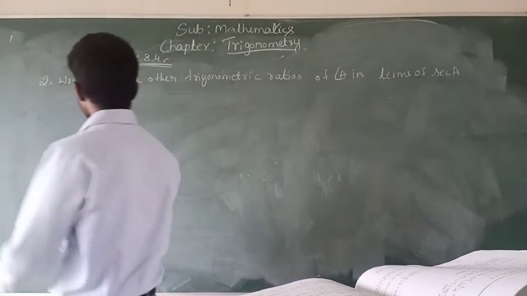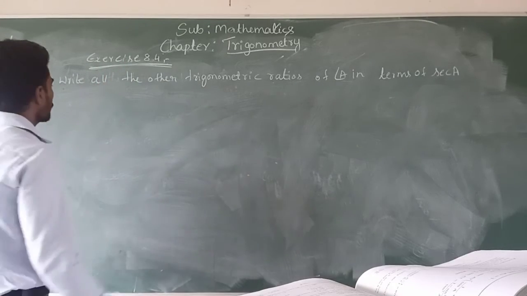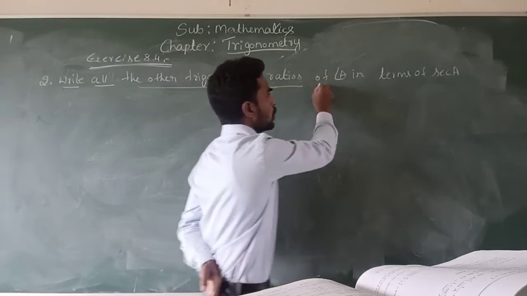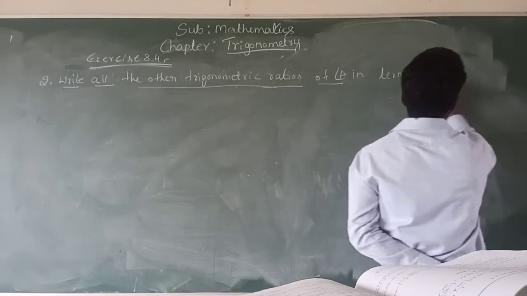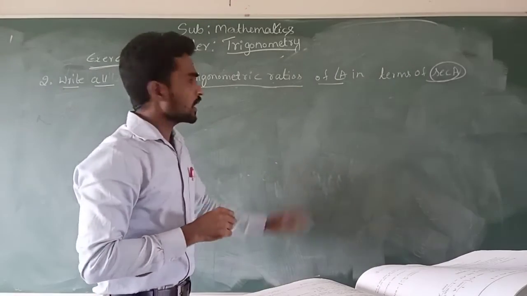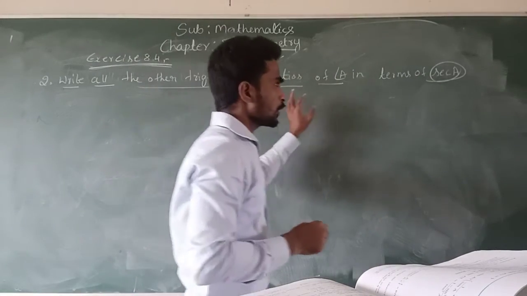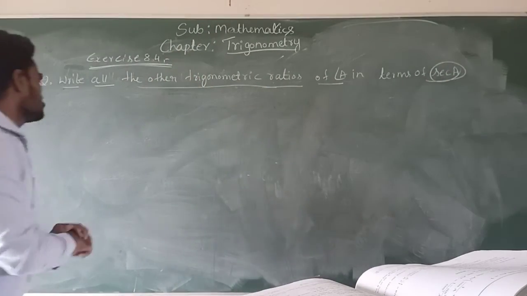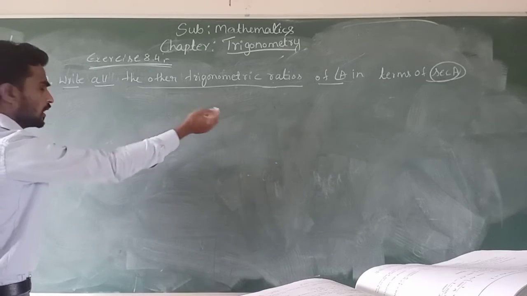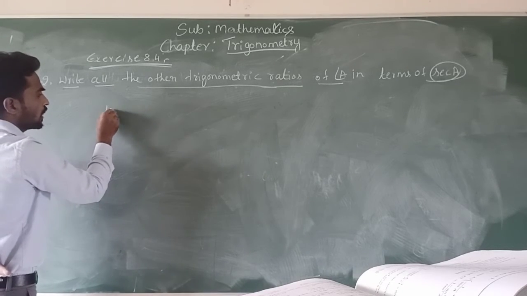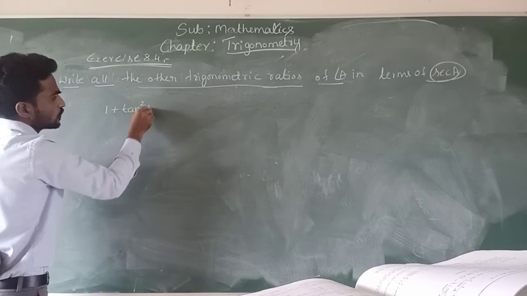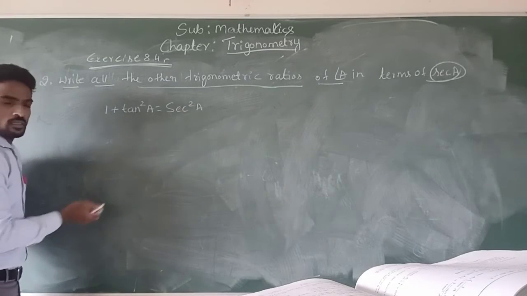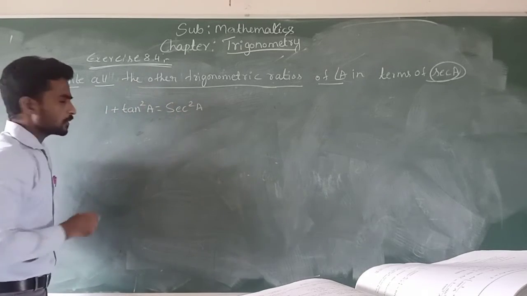Now going to solve question number 2 in exercise 8.4. The question is: write all the other trigonometric ratios of angle A in terms of secant A. We can write all the other 5 trigonometric ratios in terms of the secant function. We already know that 1 plus tan square A is equal to secant square A. This is the identity we already proved in the previous class.